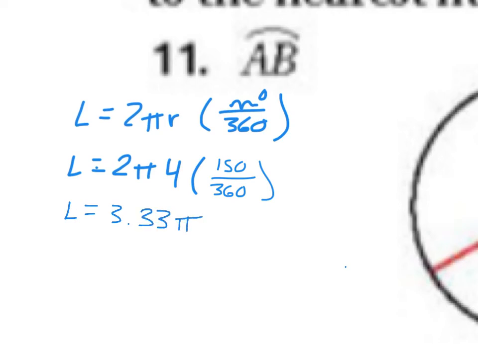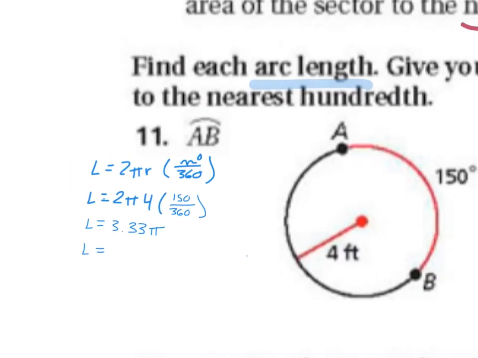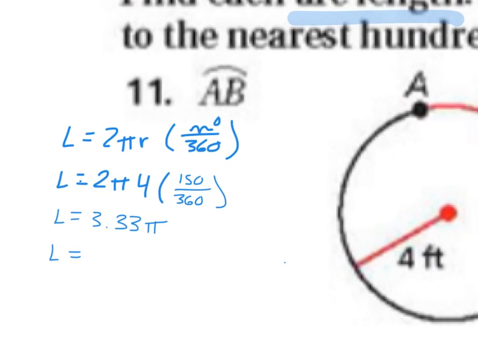And then we're going to multiply 3.33 times 3.14 to give us our length rounded to the nearest hundredth. So we have 2 decimal places, so this will be 10.47. So we have 2 answers for this one. And then both of these would be feet.